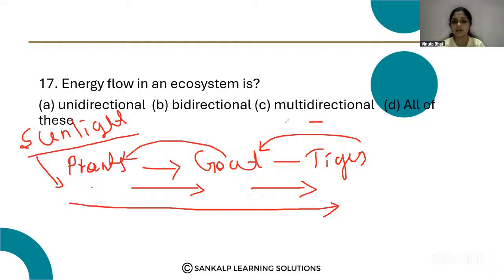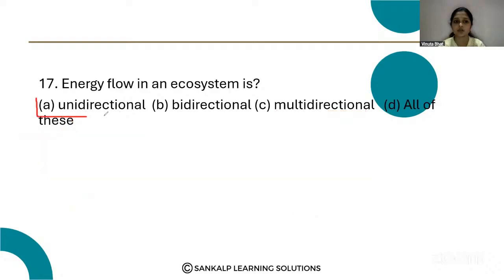The energy will not pass back to the plants and the sunlight. So that is not bidirectional or multidirectional, that is unidirectional. Option A, the energy flow in an ecosystem is unidirectional.